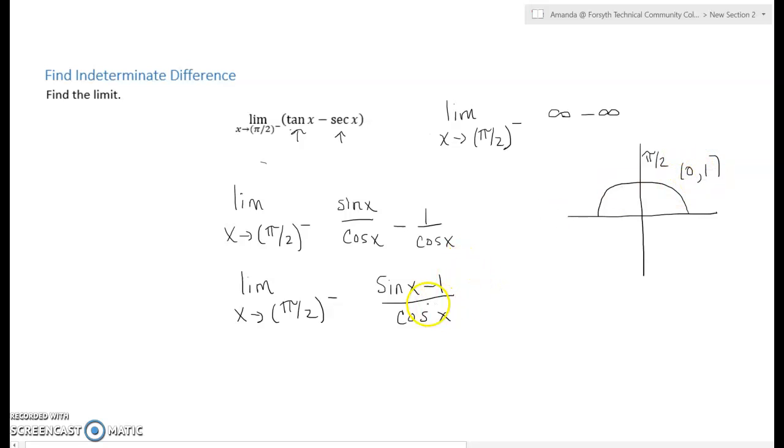So here, if I just use direct substitution, sine was 1, so that gives me 1 minus 1 in the numerator, and then cosine of x is 0, so I get that 0 over 0 indeterminate form. And so again, we want to solve this by L'Hopital's. Take the derivative of the top and the bottom.